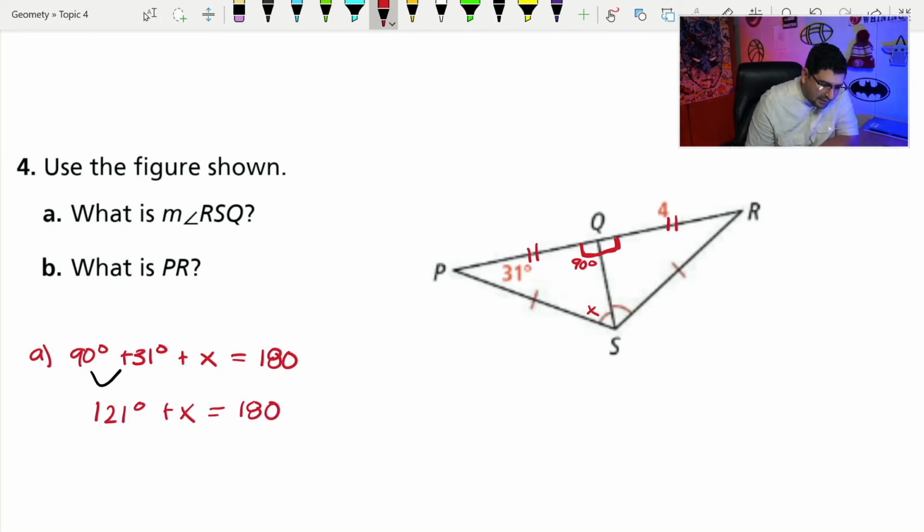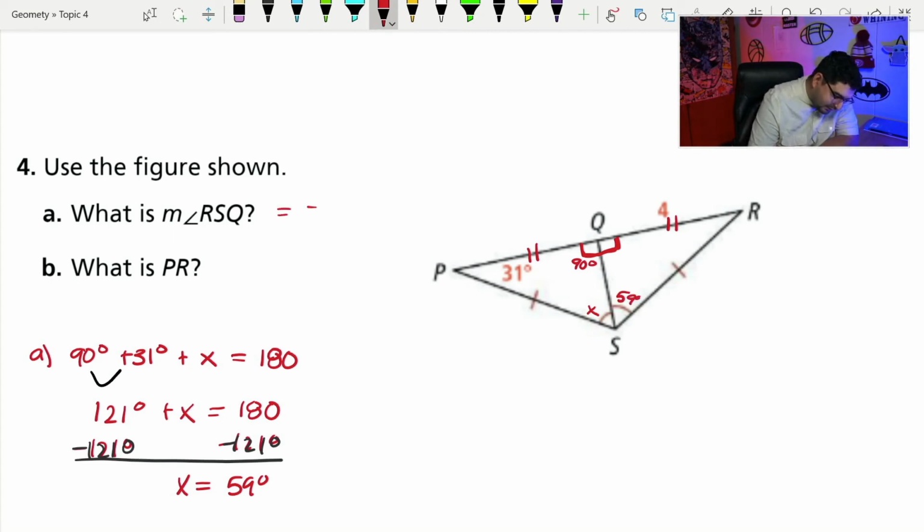I can then subtract 121 from each side, and what we end up getting is that X equals 59 degrees. Because these two angles are congruent, I know that this also has to equal 59 degrees. So RSQ equals 59 degrees.